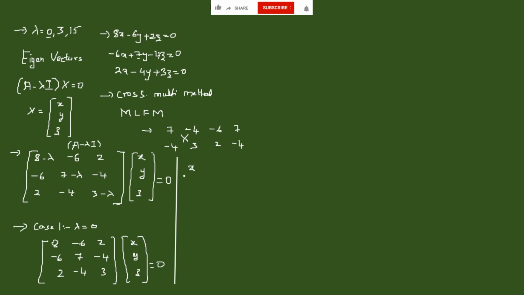So it becomes x divided by 21 minus 16, which is equal to y divided by minus 8 plus 18, which is equal to z divided by 24 minus 14, which is equal to 1. Then we get x by 5 is equal to y by 10 is equal to z by 10 is equal to 1.